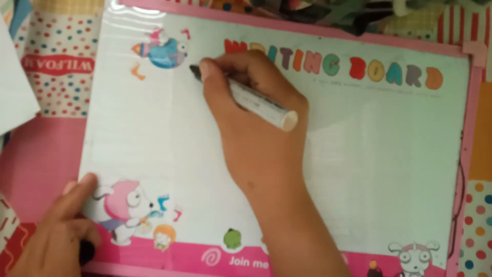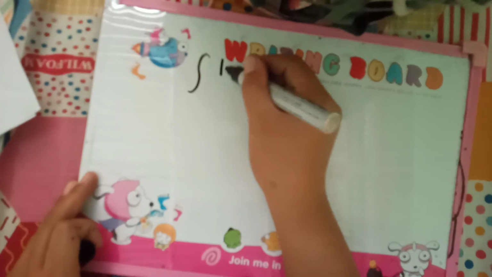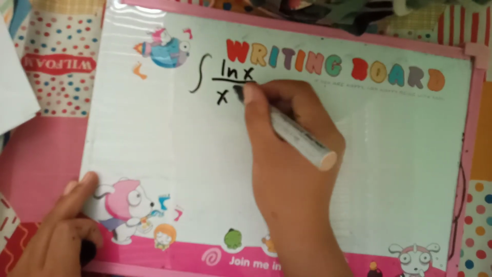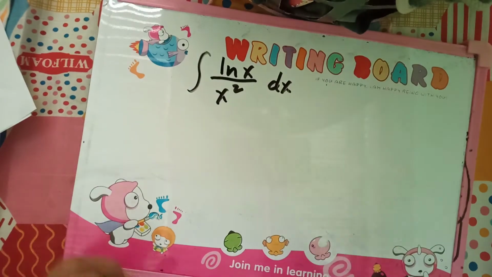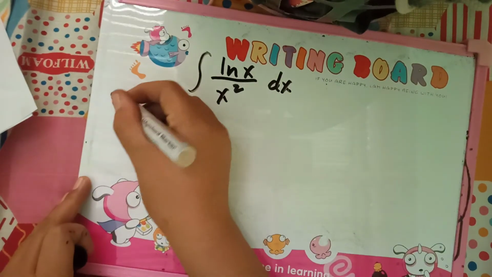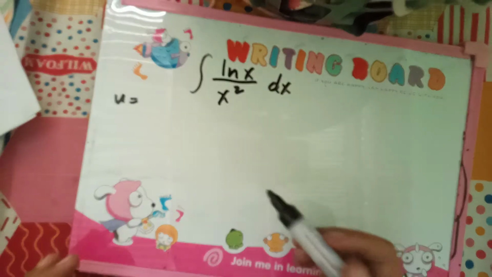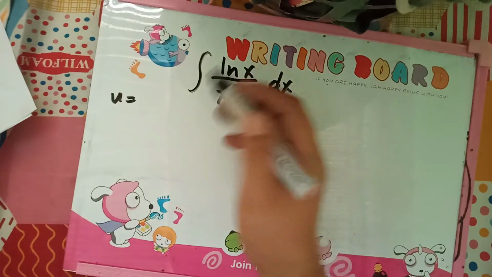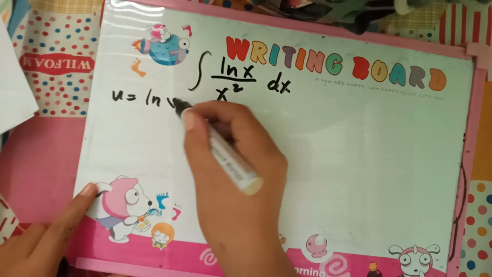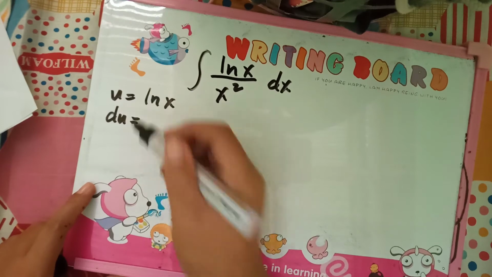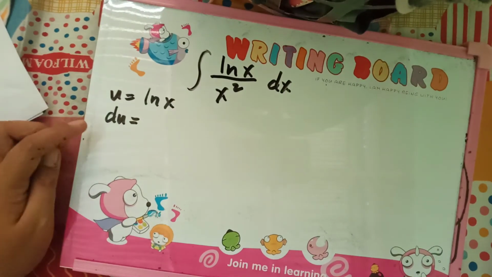Okay, so let's have the integral of ln of x over x squared dx. Okay, so gagawin natin, we let u. So, ilet u natin si ln of x. And so, du will be equal to, what is the derivative of ln of x?